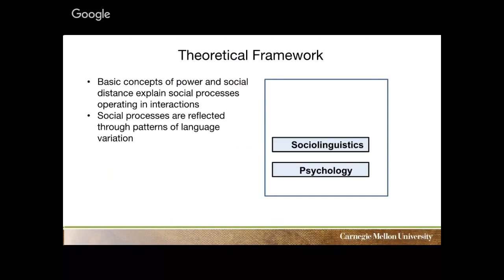And so then we can understand the characteristics of the language. What is it about the language we should be looking at that helps us to see what's happening socially?